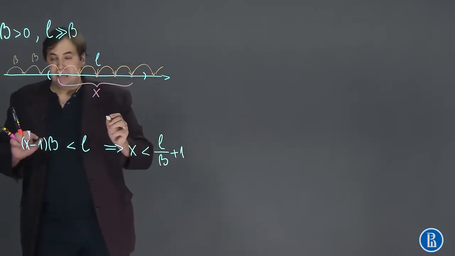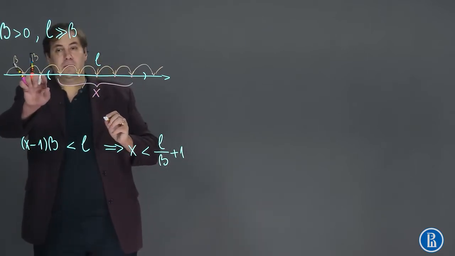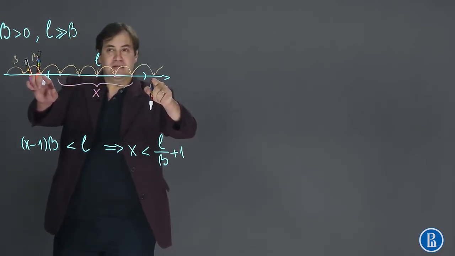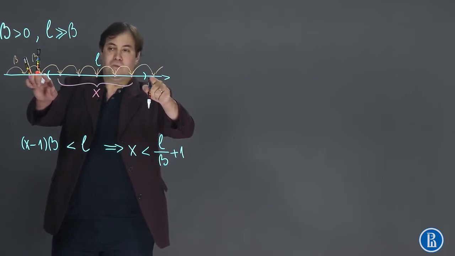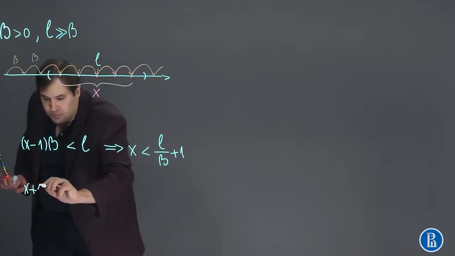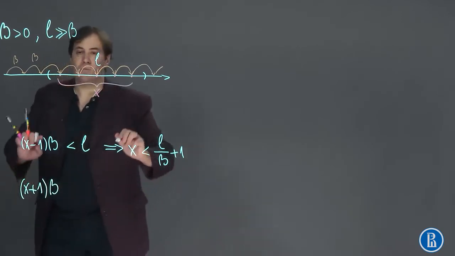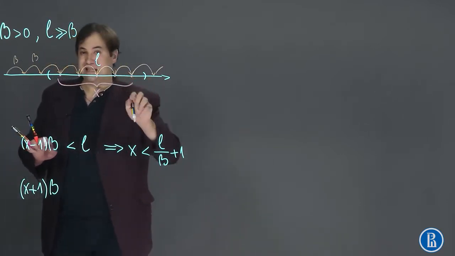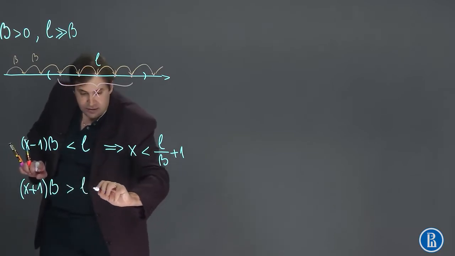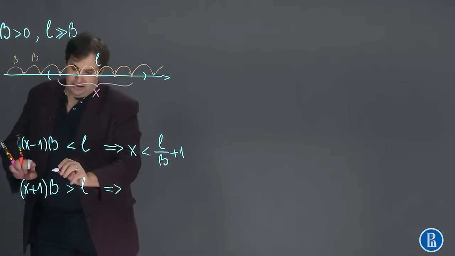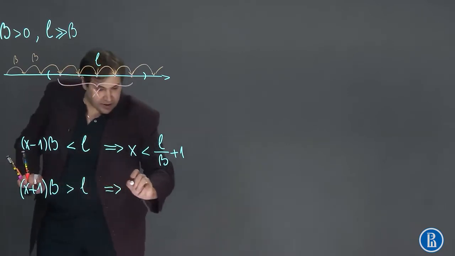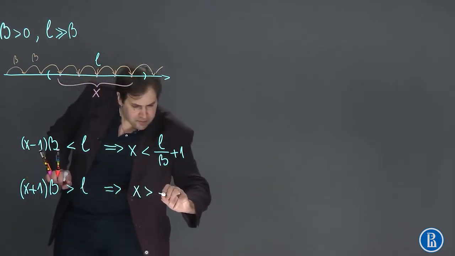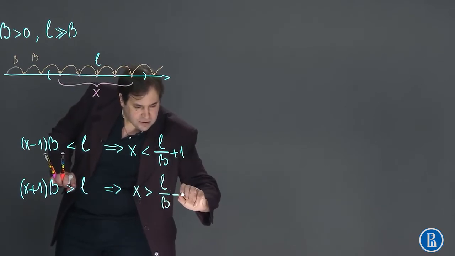At the same time, if we consider the last point before the interval and the first point after the interval, the distance between these 2 points is equal to x plus 1 multiplied by beta, because the number of small intervals is equal to x plus 1, and it is greater than L. So from this it follows that x is greater than L over beta minus 1.